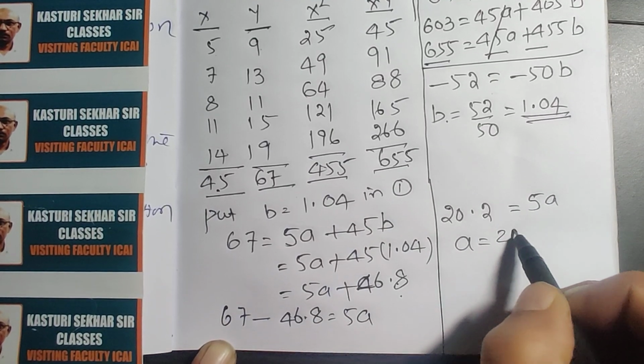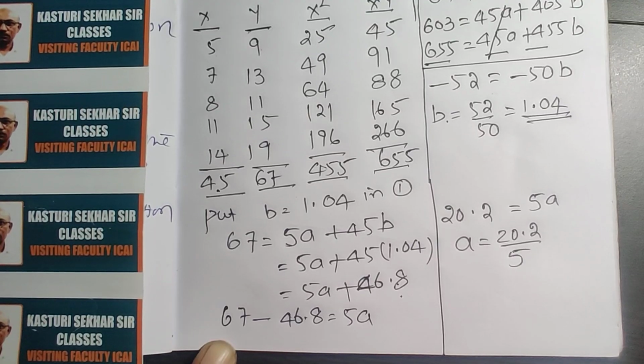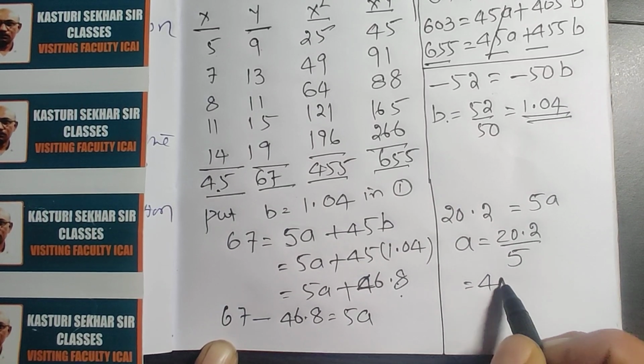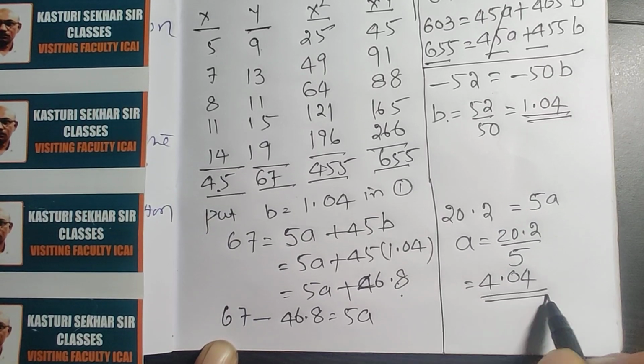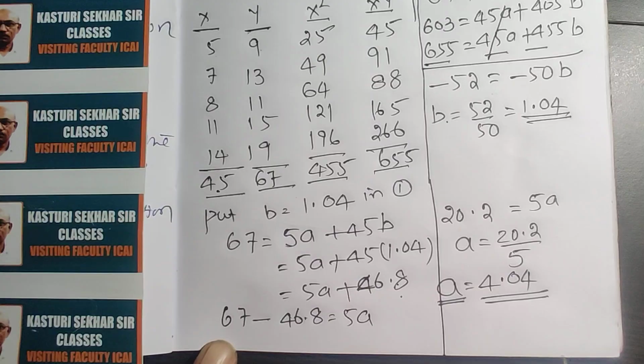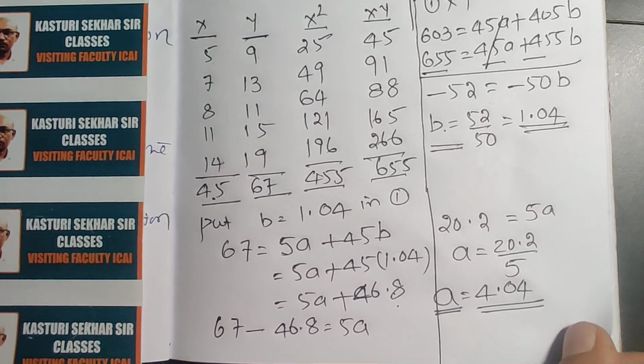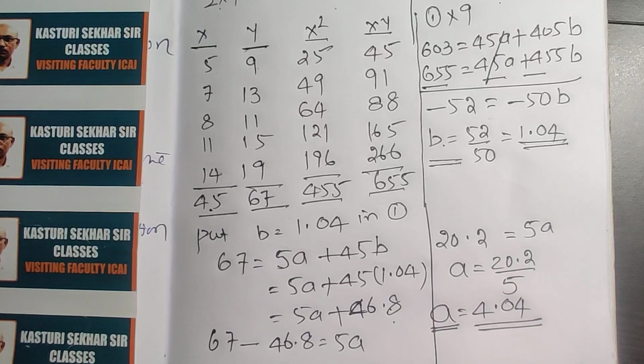A is equal to 20.2 divided by 5. This is equal to 4.04. A value is obtained as 4.04. B value is obtained as 1.04. These are the two values we need to get a regression line of y on x.